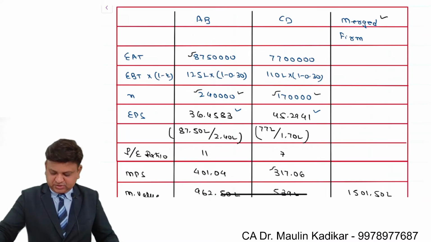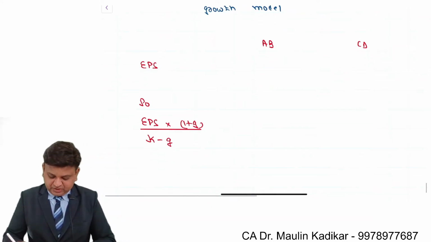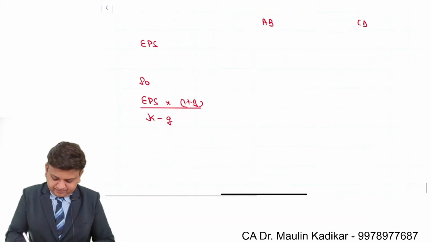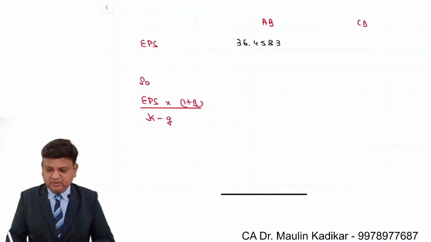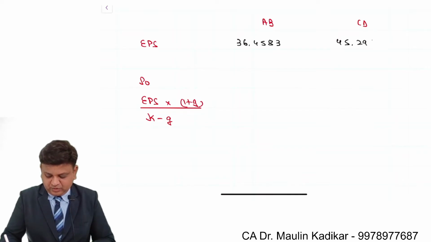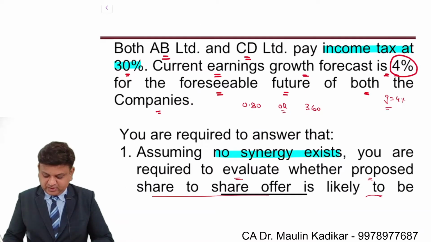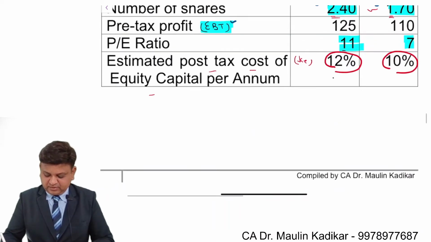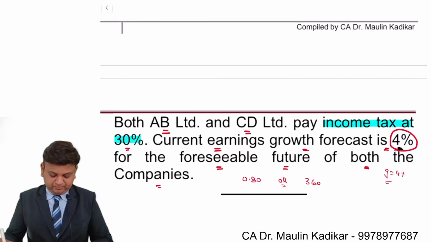That is the way the P0 is supposed to be found. Earning per share is 36.4583 and 45.2941. Discounting rate is provided to us over here, 12 and 10, and growth rate is given to us as 4.